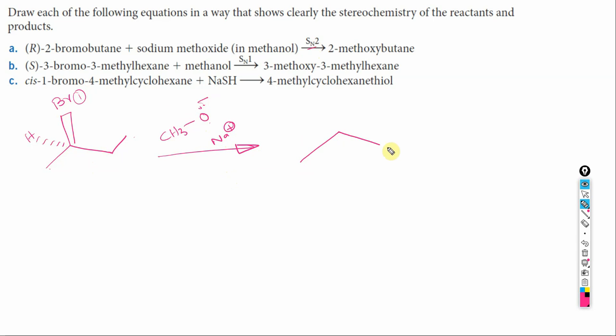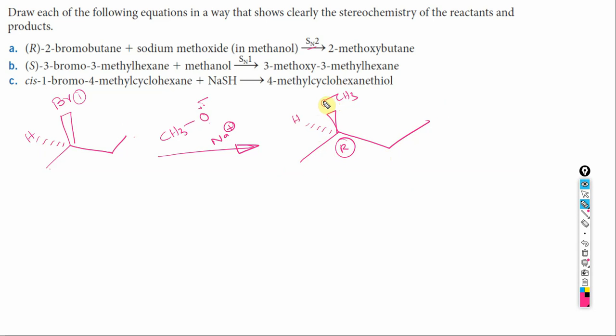So if I just draw it the way it is right now, and if I simply replace a bromine with the oxygen here, I should be getting an OCH3. And if you look at this, this is going to be a 1, 2 and 3. This is still clockwise, and this is also going to have an R configuration, but that's not what we should be getting. We should be getting the S molecule.